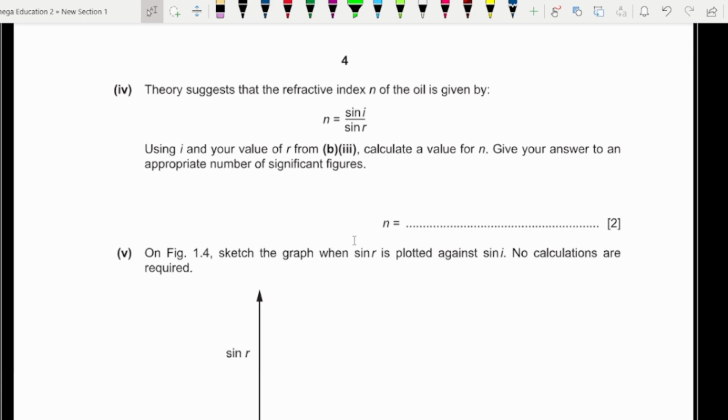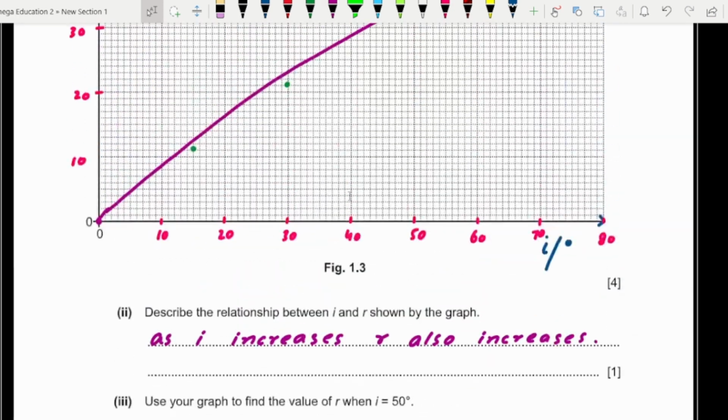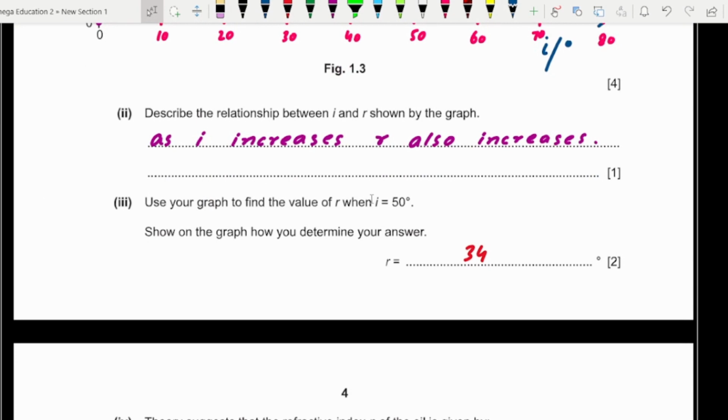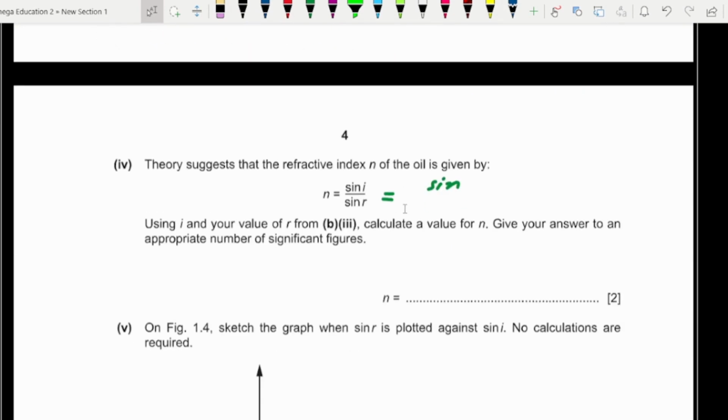Need to find the refractive index. The formula is there, just like I told you in paper 4. We do have all the formulas, so all we have to do is insert the values. So sine I, let's take any value from B3. 50 against 34.